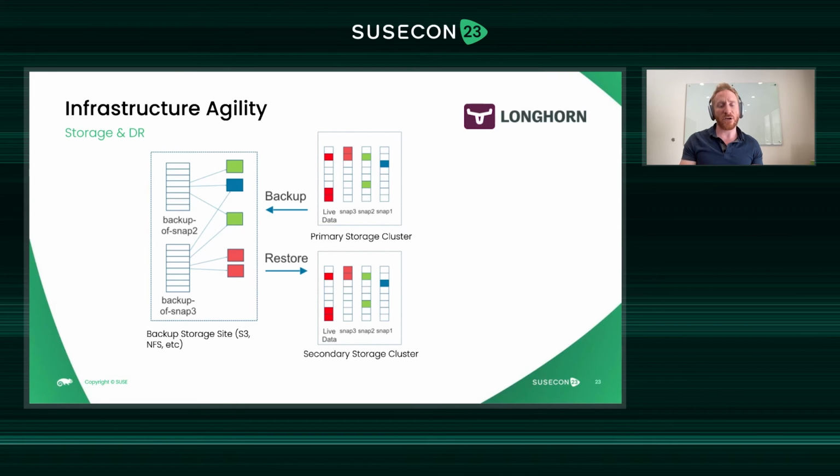And in the secondary cluster, you can set up what's called the disaster recovery volume. And that will continually sync to the data that is referenced in the backup repository that the other cluster is pushing to. In doing that, the disaster recovery data volume isn't necessarily going to be usable immediately by the workloads that are downstream.